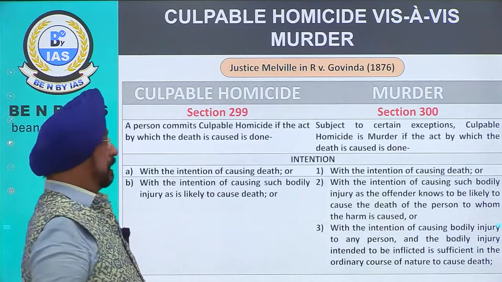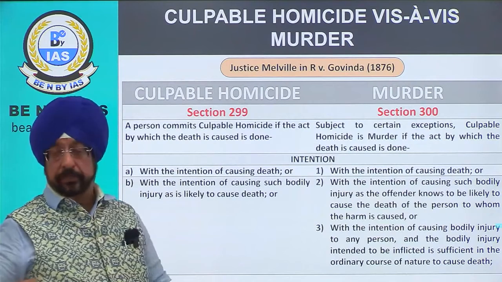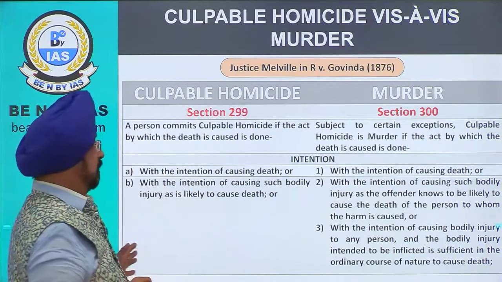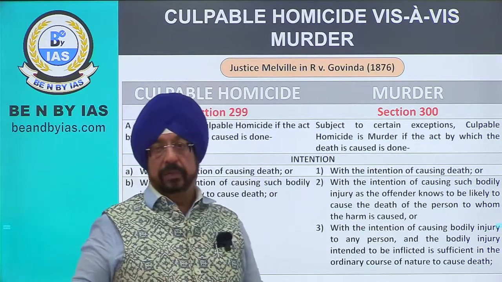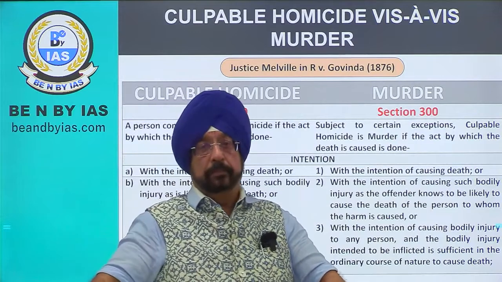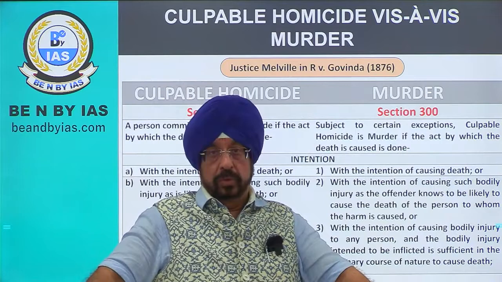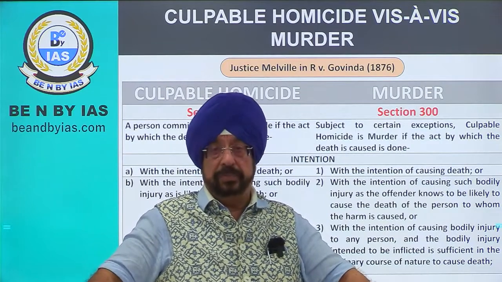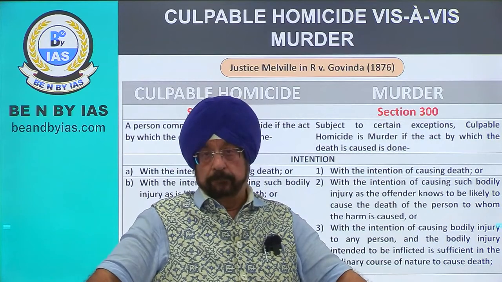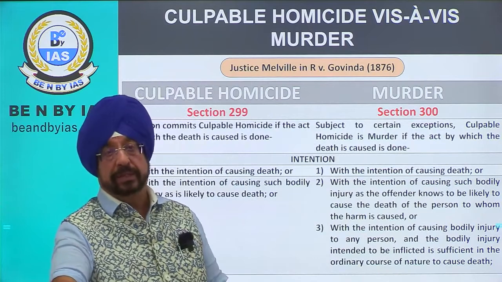Now, this is a landmark case, R versus Govinda, where a distinction has been created between the two offenses. Very nice distinction, because the IPC was enacted and came into force in 1860, and this case, from 1876, is the first to create a differentiation and clarify a very clear interpretation of the two sections.